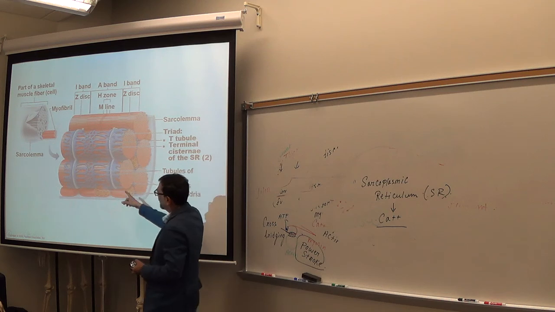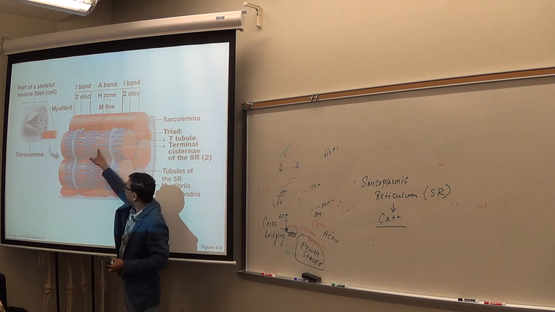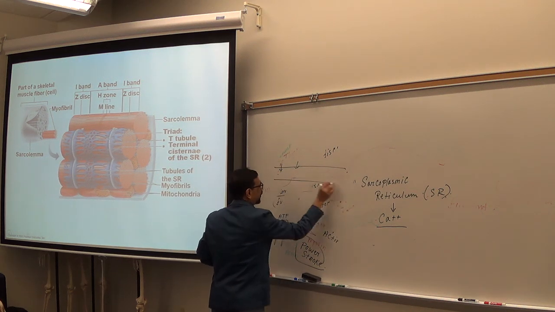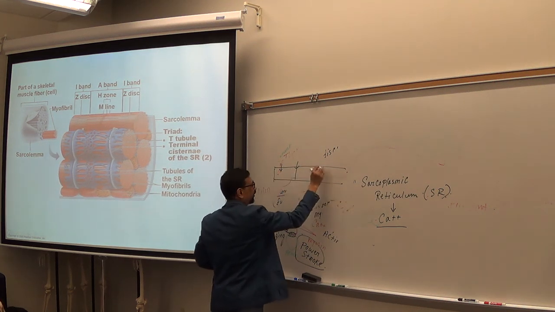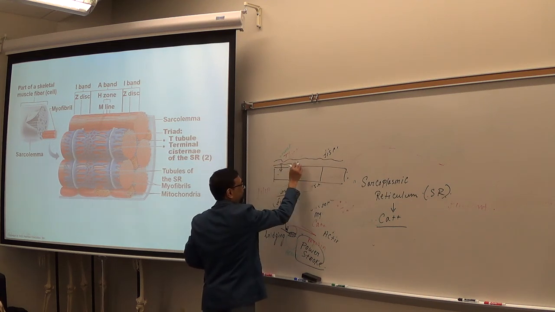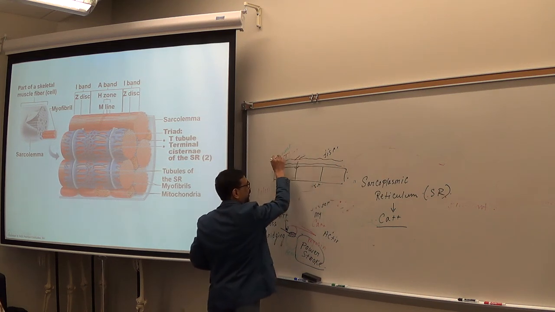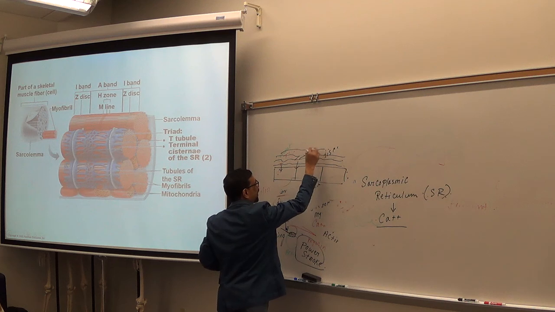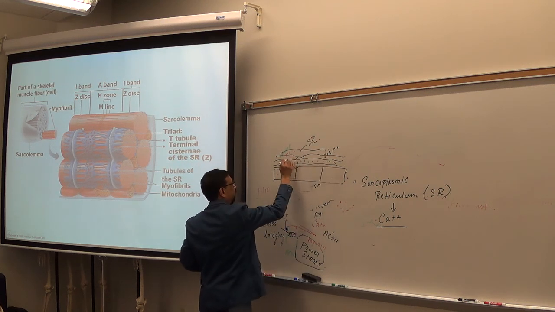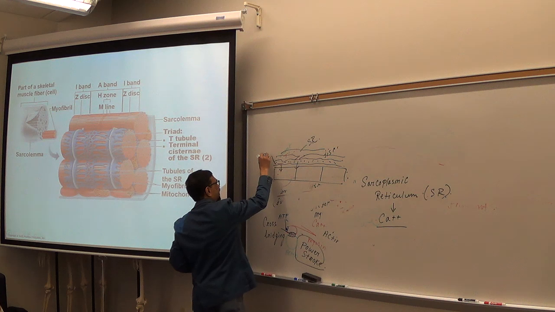Now, how will the calcium get in from the outside? So this is, again, the sarcomere. You have the sarcoplasmic reticulum, the tube-like structures here, this is SR, filled with calcium. So calcium inside.